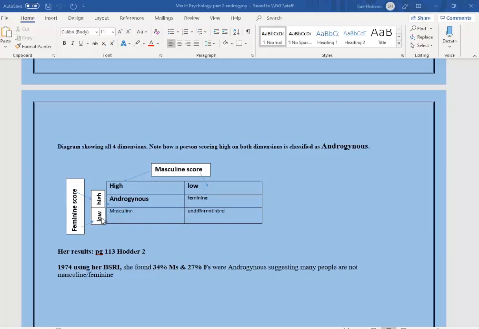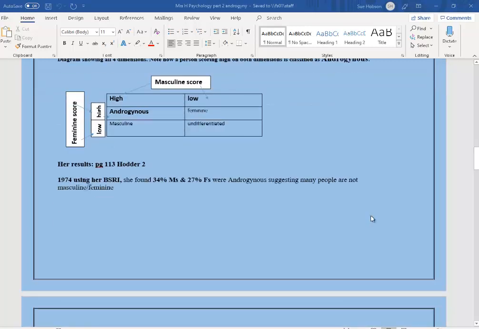High masculine and low feminine would be masculine, and if you were low on both, you were considered undifferentiated. Referring to one of the texts, in 1974, when she used her BSRI, she found 34% of males and 27% of females were seen as androgynous, and obviously that suggested to her that people are not just masculine or feminine. They can be a mixture, so that was significant.